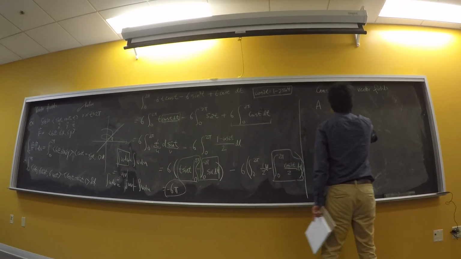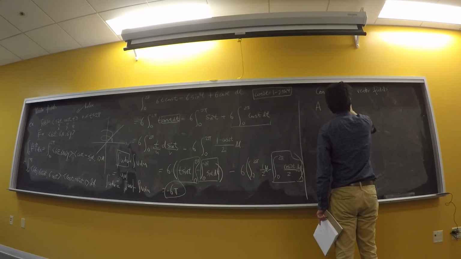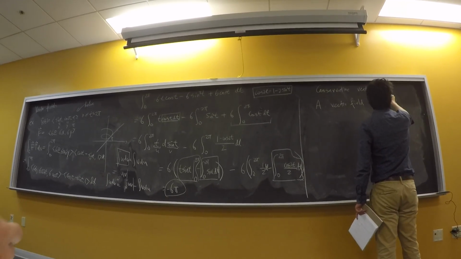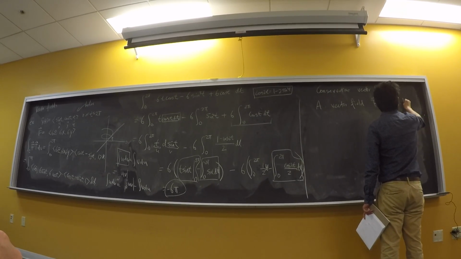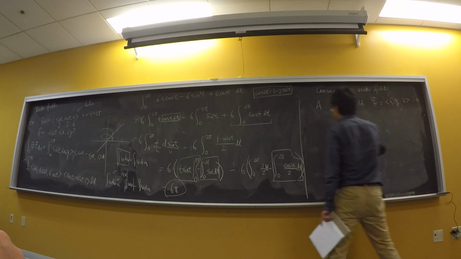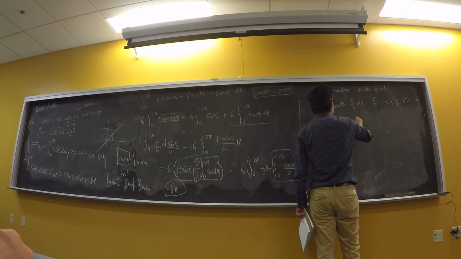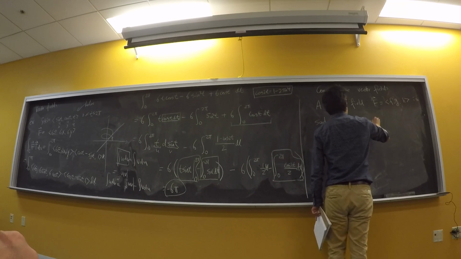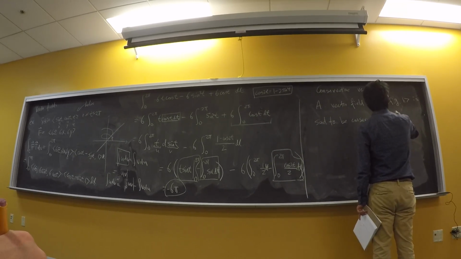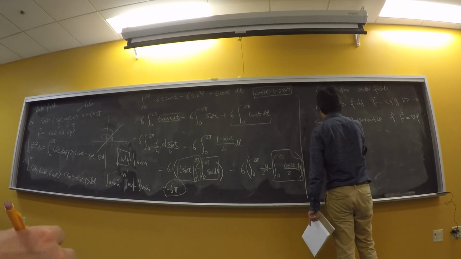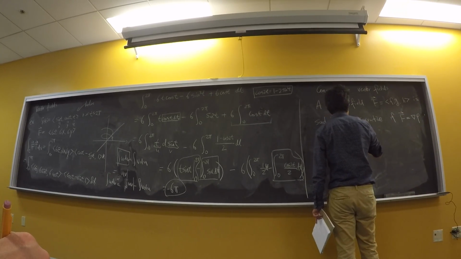We actually already saw that a vector field F, let's say I have components F, G, H, is said to be conservative if F is equal to the gradient of phi, where phi is a scalar function.